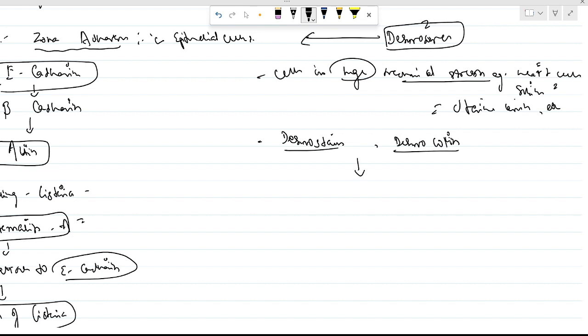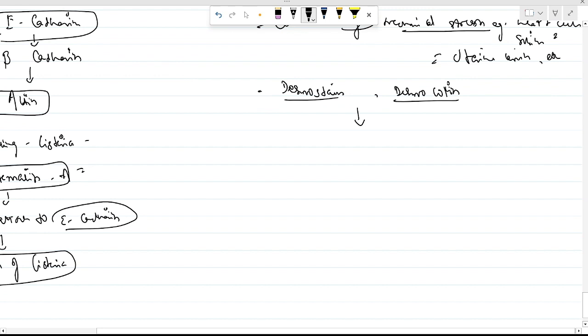These two are attached to the linker protein called desmoplakin, which is finally attached to cytoskeletal filaments.